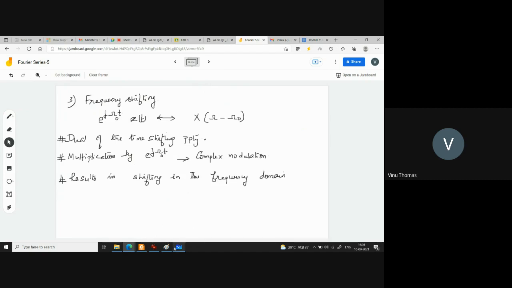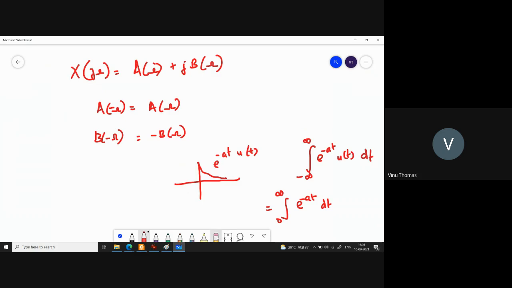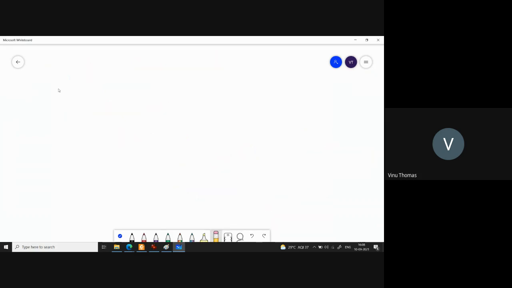As you have seen in, I'm not very sure whether you have studied analog communication. So you have seen that if I multiply x of t by cos omega c t, I should have written this as cos capital omega c t because that's your continuous frequency.